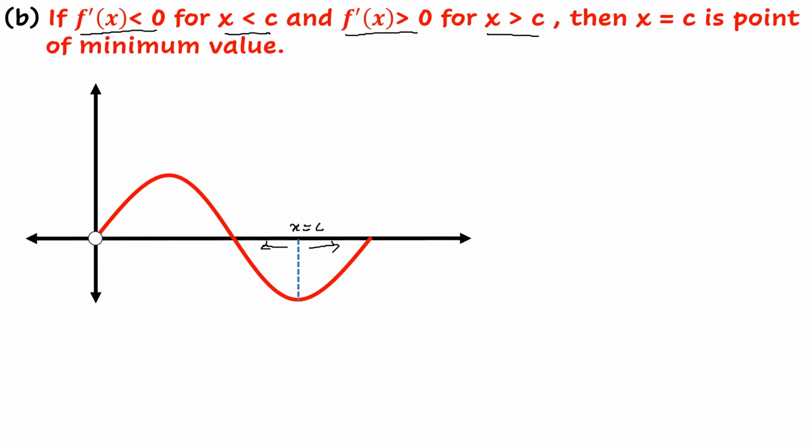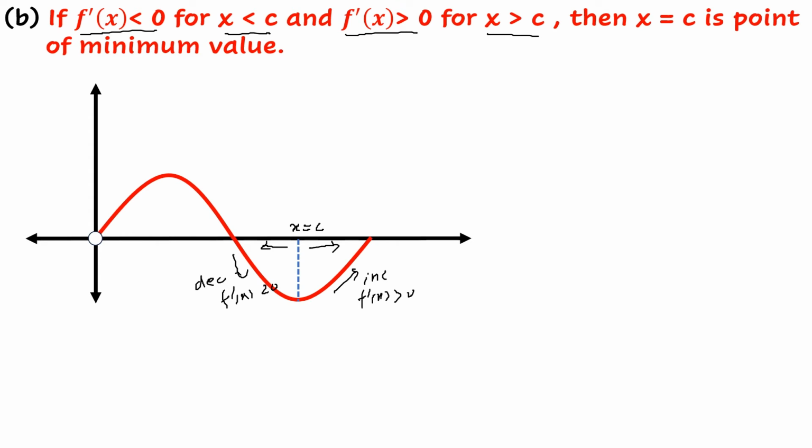Now we investigate the behavior of curve before c and after c. Before c, we see that the function is decreasing, that is its first derivative is less than 0, and on right the function is increasing, that is its first derivative is positive.